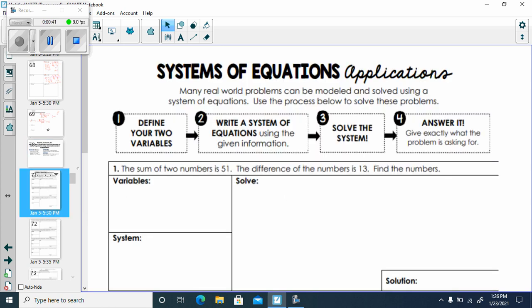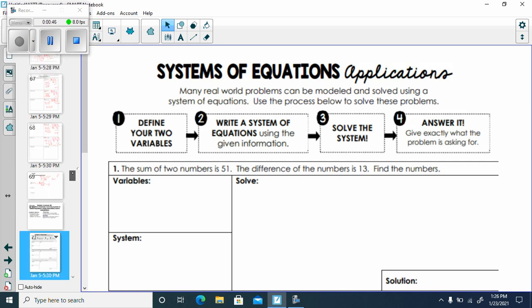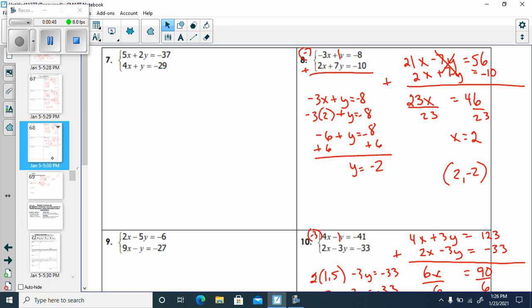Now, first thing I'd like to do, I'd like to go back and solve a system of equations. Let's look at number 7 here. This is the one that's a few pages back.